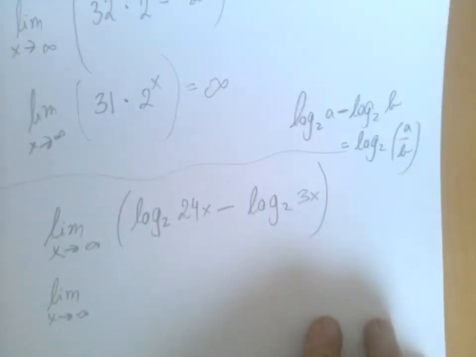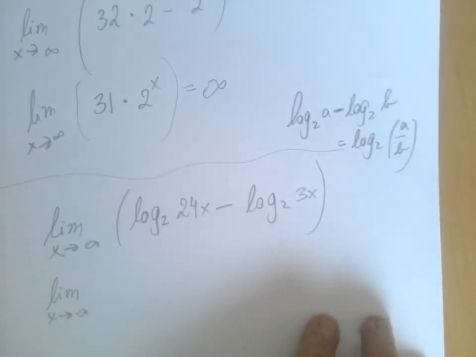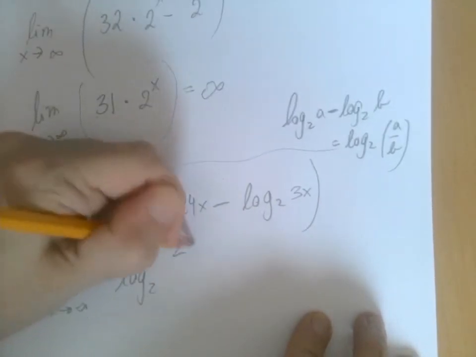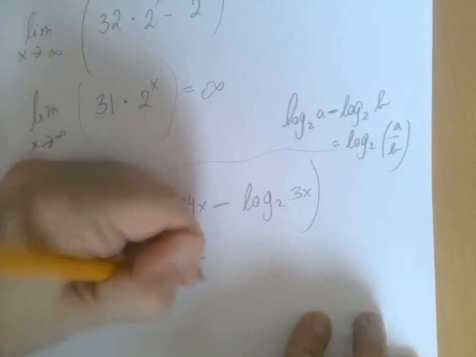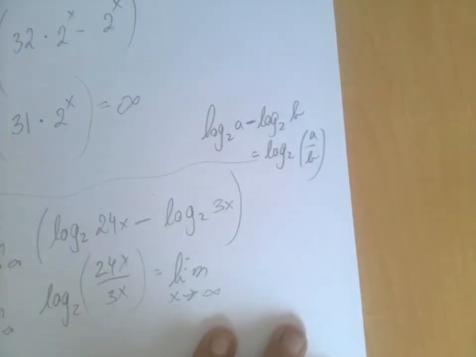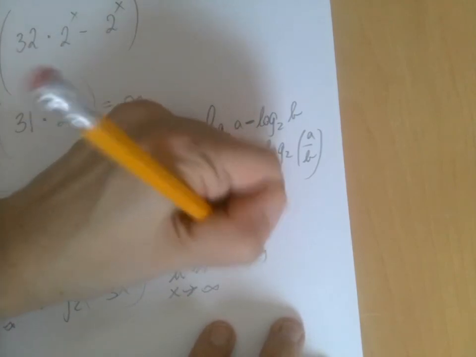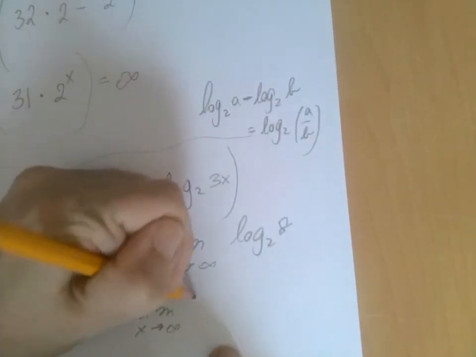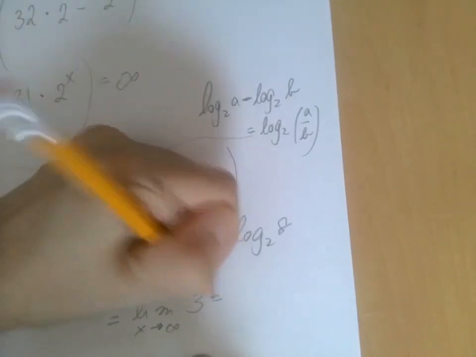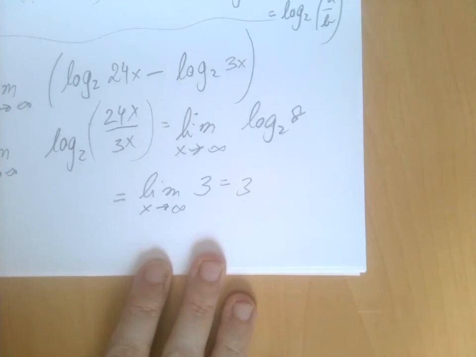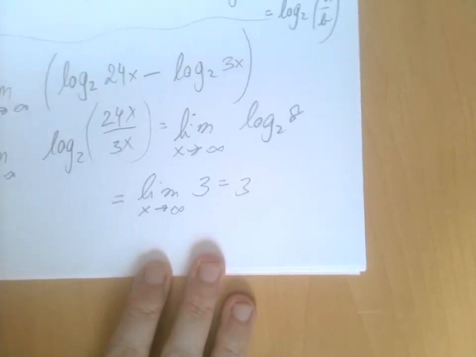So what do we have? We have log base 2 of 24x over 3x. The x cancels out, and we have log base 2 of 8, which is the limit of the constant function 3, which is 3. So that we may not have seen if we were just speculating right there.